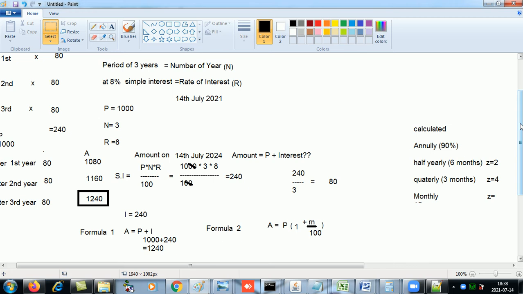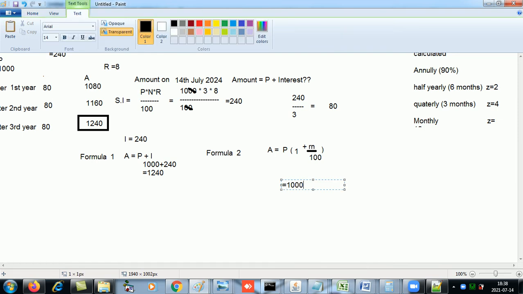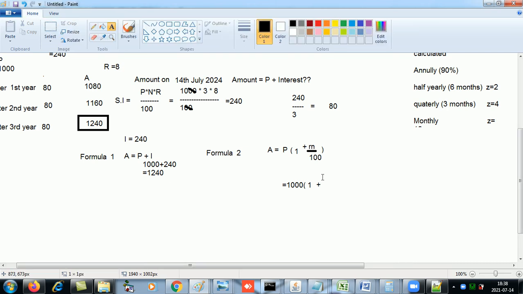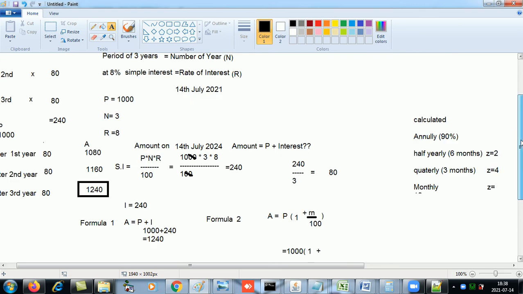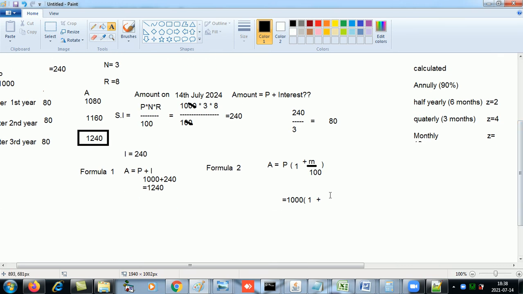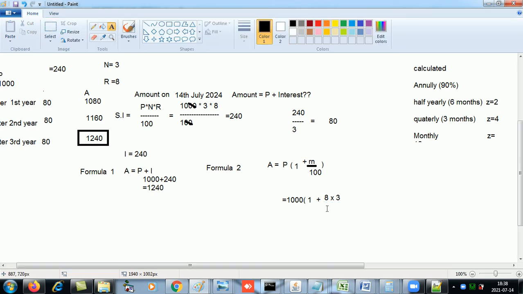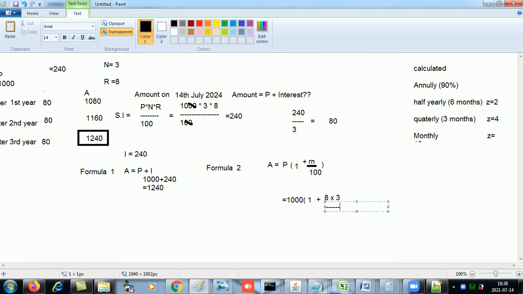By this formula, if you try to calculate the amount directly, you will get the amount. Your P is 1000, 1 plus R into N. R into N is 8 into 3 divided by 100.